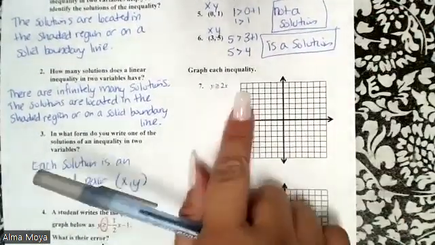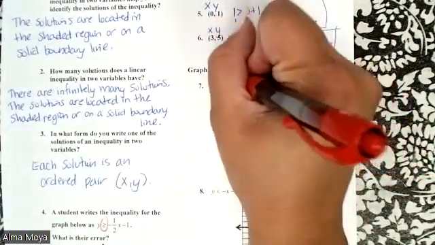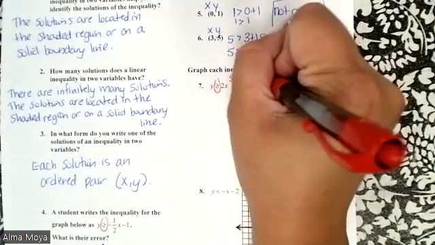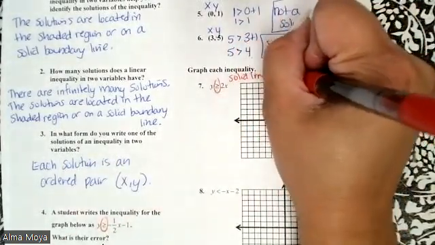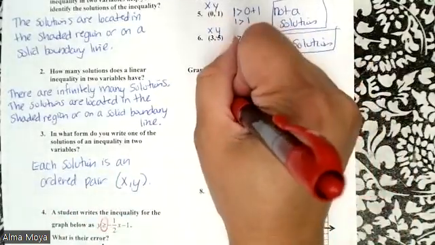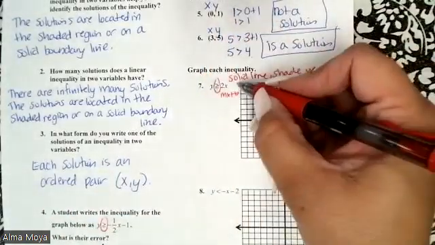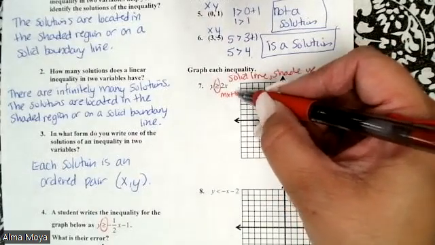All right. Next, I'm going to graph this. This is going to be a solid line, and that is the greater than symbol. So greater than means shade up. Now, mx plus b. Notice that there is no plus a number or minus a number, so that means that the b value is 0.